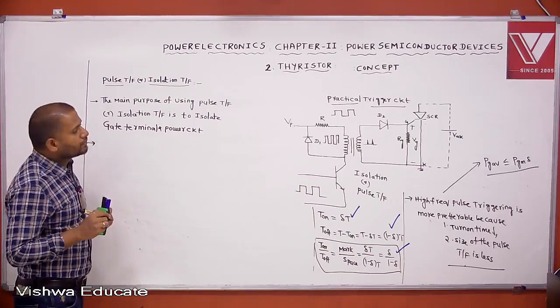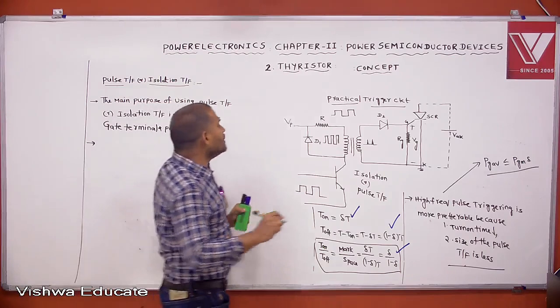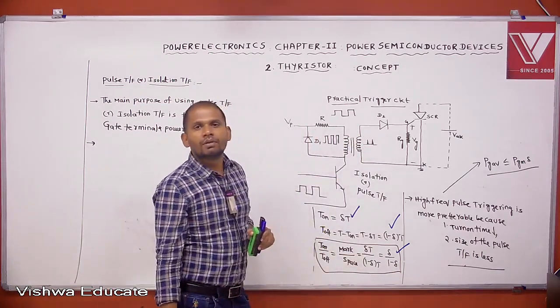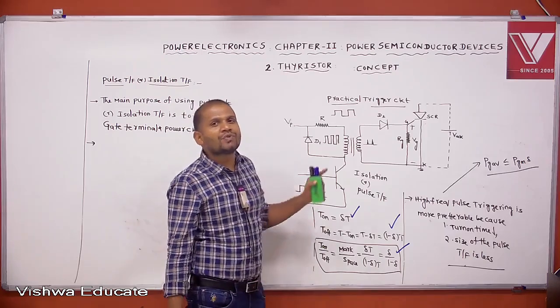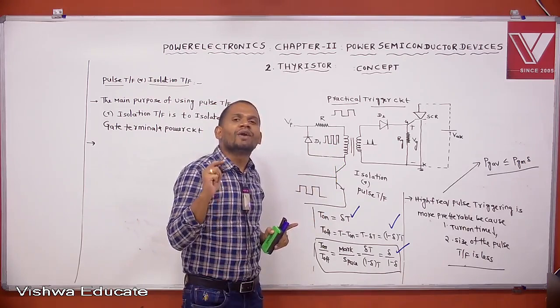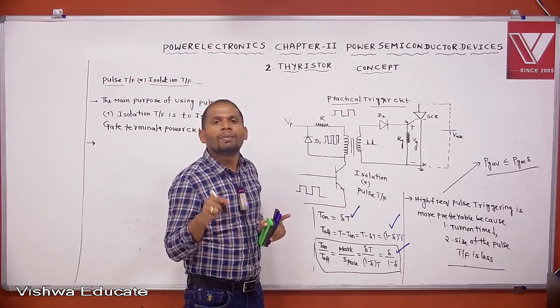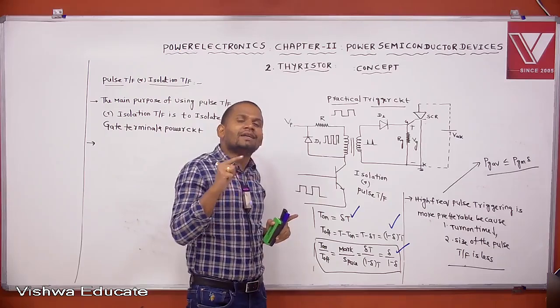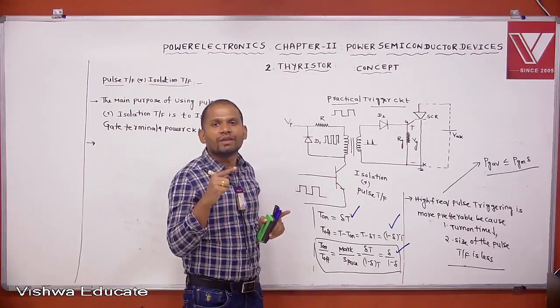Another point. The core of the pulse transformer or isolation transformer is made with ferrite material, to reduce hysteresis and eddy current losses at high frequency.